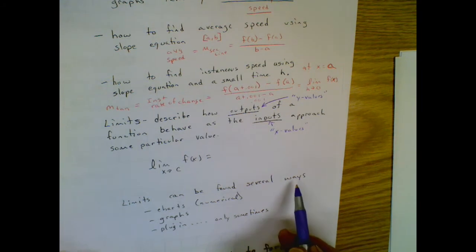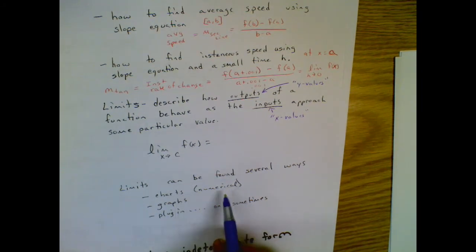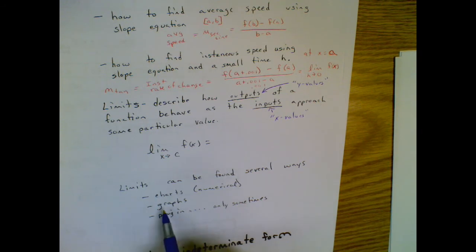Limits can be found several ways. One is through charts. It's a numerical way to find them. It's very simple, but it's just time-consuming. And although it always works, it's not going to be your preferred method because it's time-consuming. If you have a graph, you can find the limits usually pretty easy.